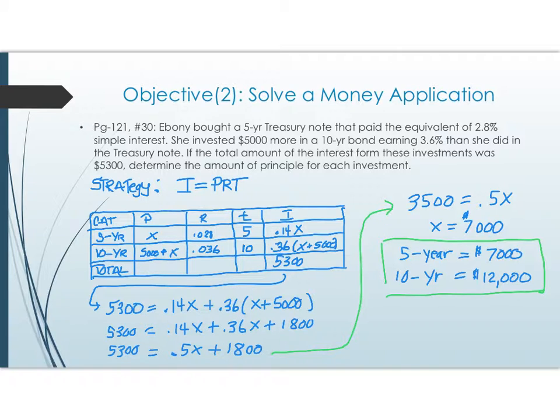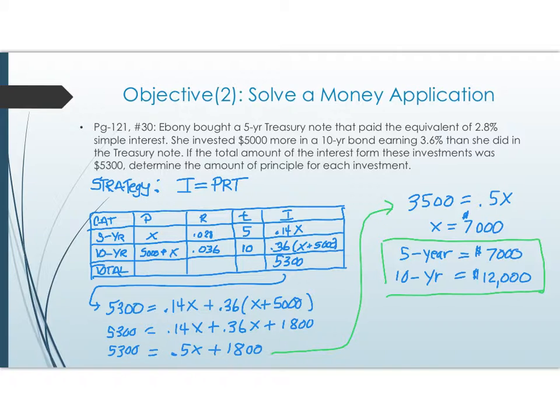Ebony bought a 5-year treasury note that paid the equivalent of 2.8% simple interest. She invested $5,000 more in a 10-year bond, earning 3.6%, than she did in the Treasury note.